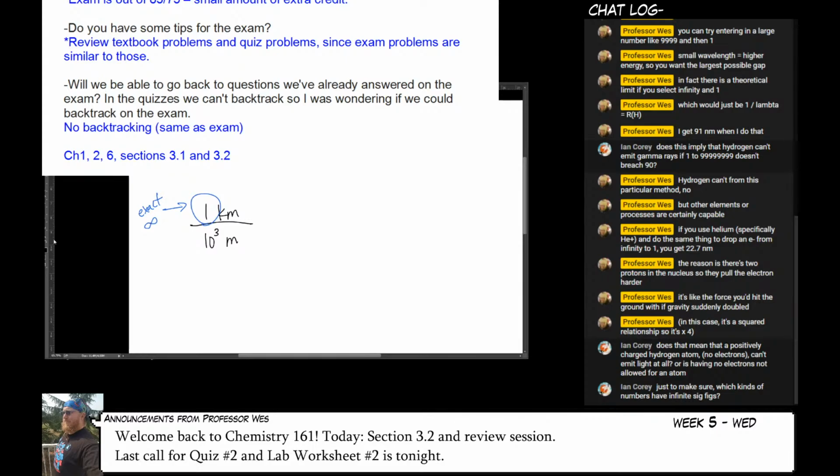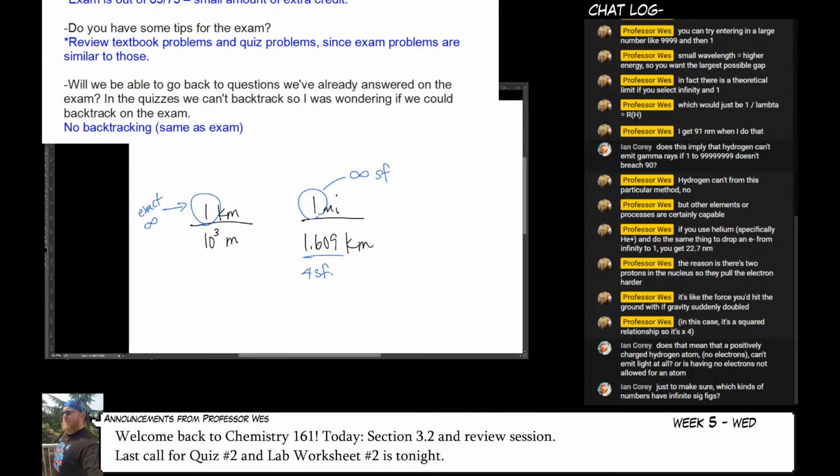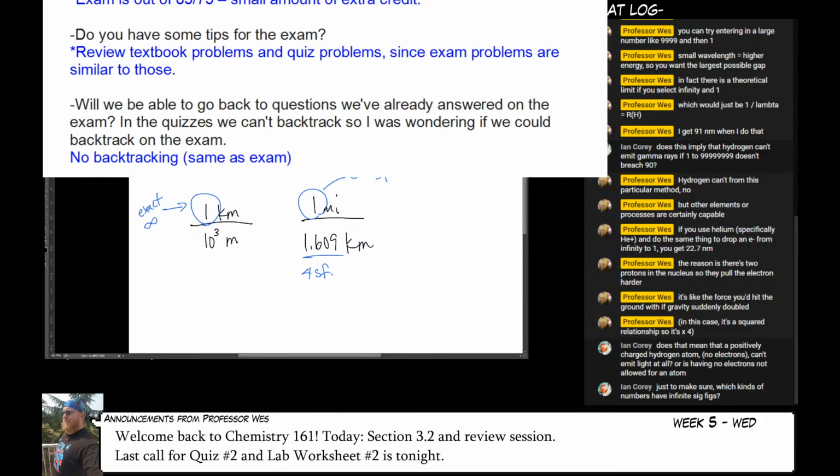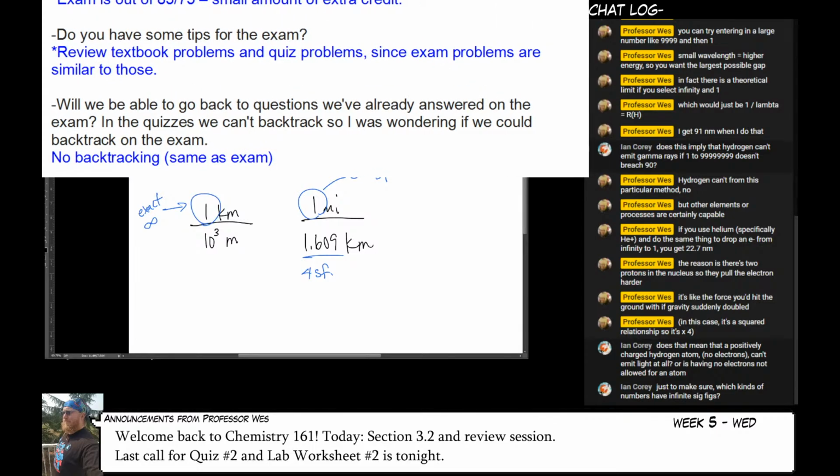The same is true if I did 1 mile is 1.609 kilometers. What this is saying is that in exactly 1 mile, there are approximately this many kilometers. So that conversion as written, the bottom number has, oops, you can't see that.